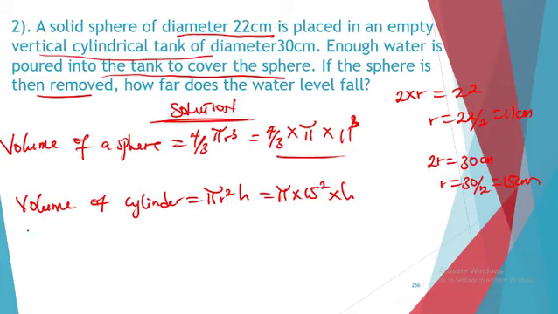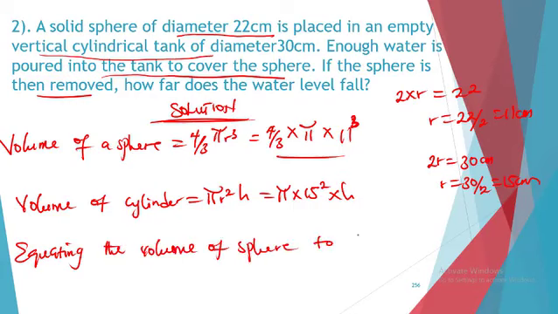Okay, and now we need to equate the volume of sphere to the volume of cylinder. So we say equating the volume of sphere to volume of cylinder, we then have this to be equal to this.